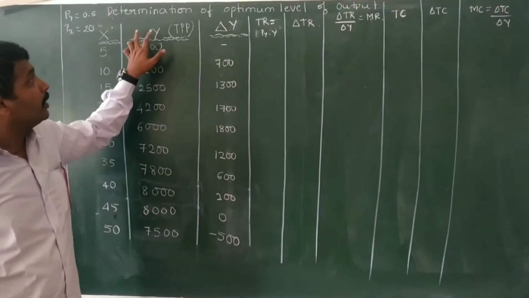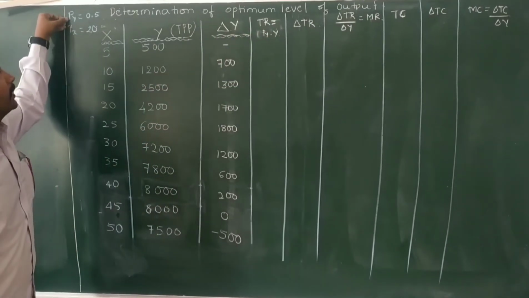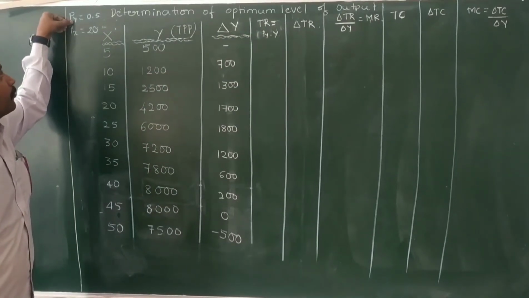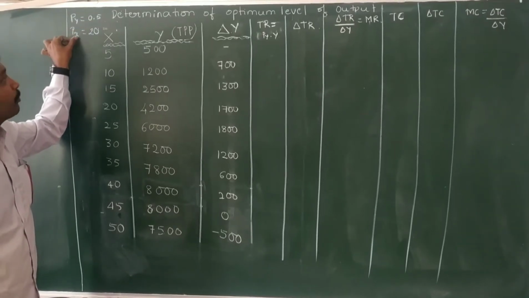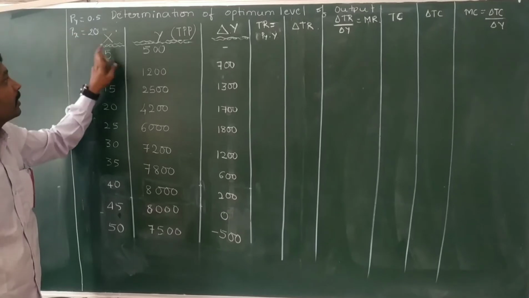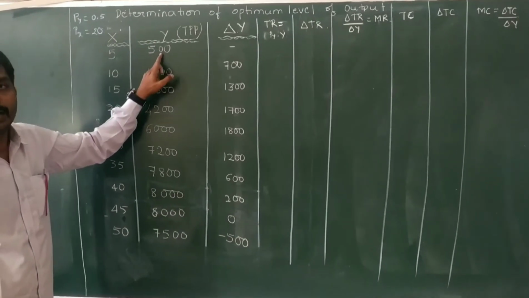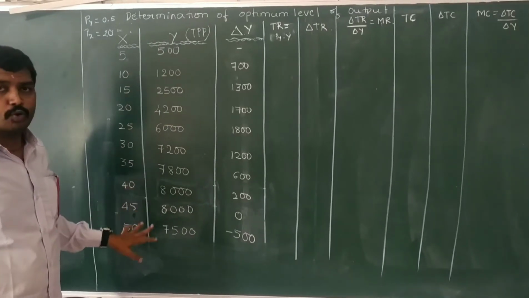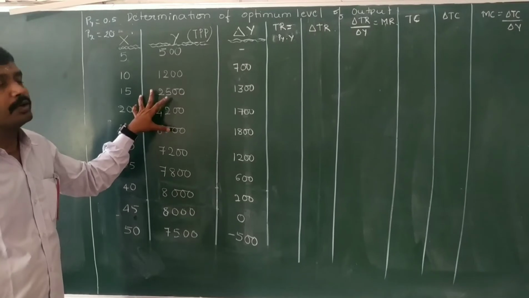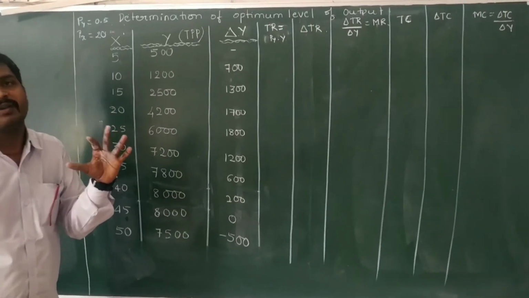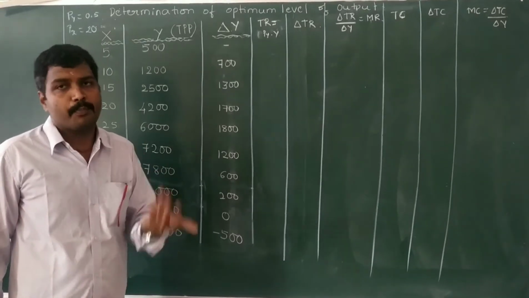Okay. In order to determine the optimum level of output, the information given will be price of output as rupees 0.5 per unit, price of input as rupees 20 per unit, X and Y, X applied and Y obtained. These two columns will be given. Now, with the help of this, you need to determine that particular condition wherein the output production is said to be optimum.